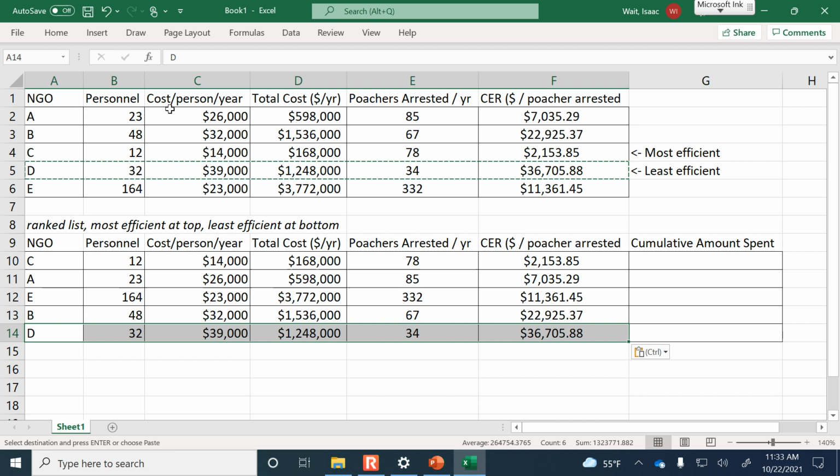So I've just copied and pasted this top list in order of most efficient at the top, least efficient at the bottom.